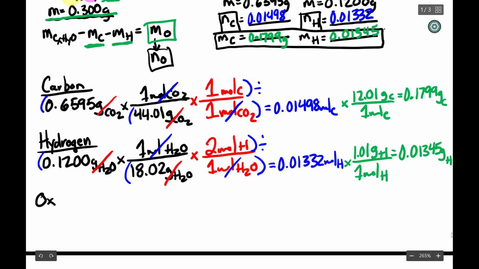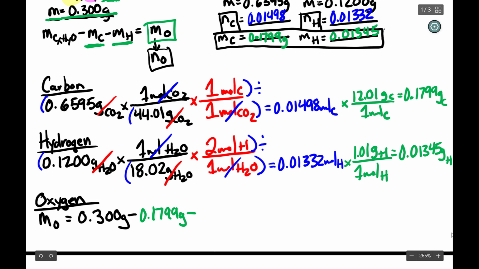Let's focus on oxygen. So the first thing we're going to do is get the mass of oxygen. We're simply going to take the mass of the compound, 0.300 grams. I'm going to subtract away the mass of the carbon. I'm going to do it in green so it matches, so minus 0.1799 grams.